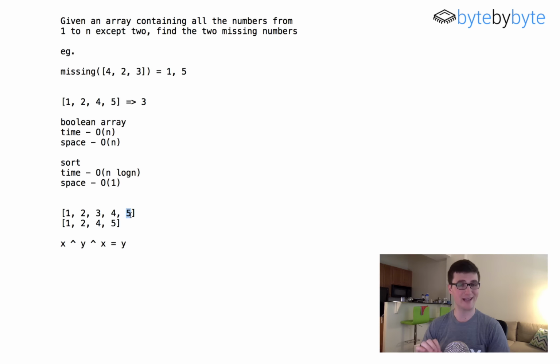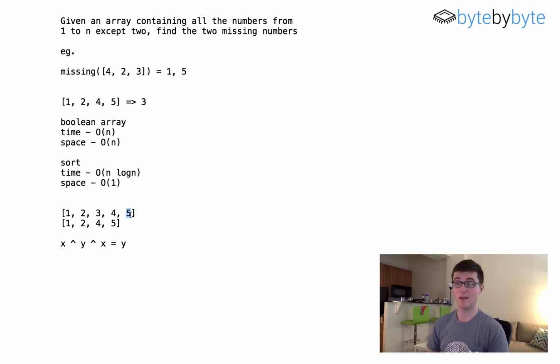And the advantage of the XOR is that, unlike addition, it's not going to take up additional space. Because with the addition, we might have to worry about overflow, right? Because we're going to be adding all these numbers together. So if you have a lot of numbers, you might end up getting a really large sum that would overflow your integer. So you'd need to have a long, or if you had an array of longs, you might need to use some sort of like Java BigInteger or something like that to actually store the value.